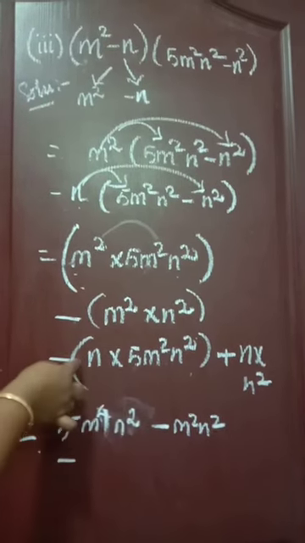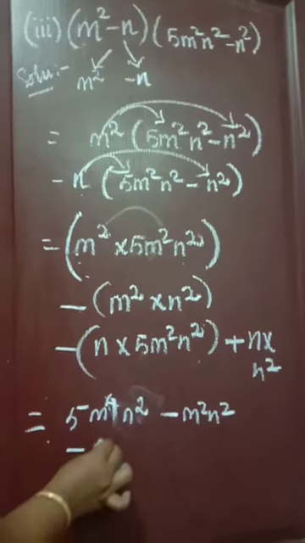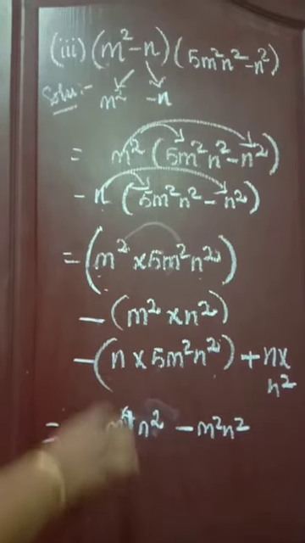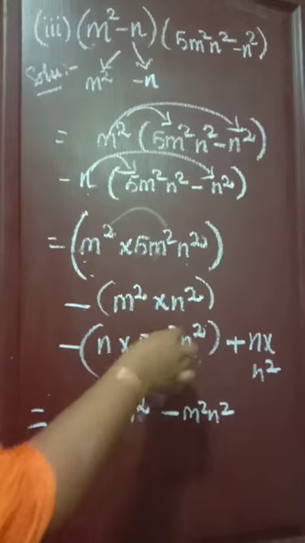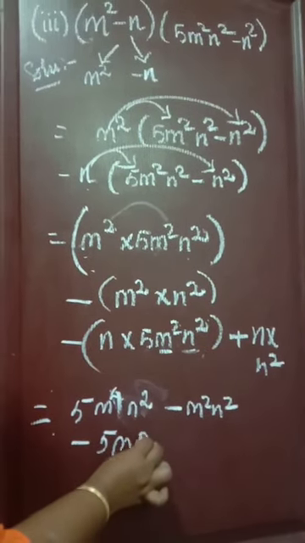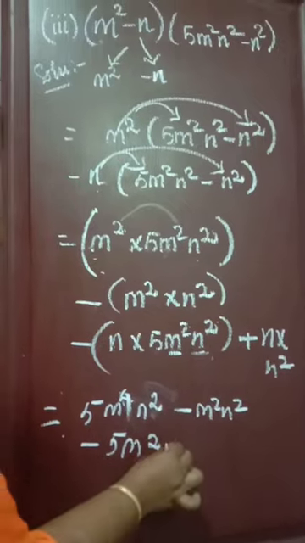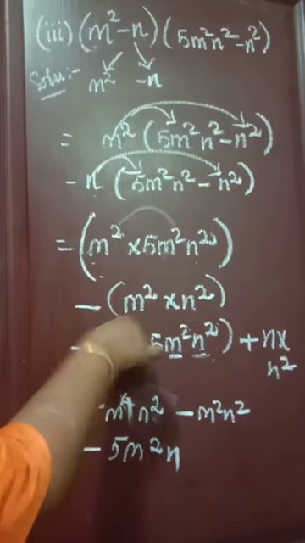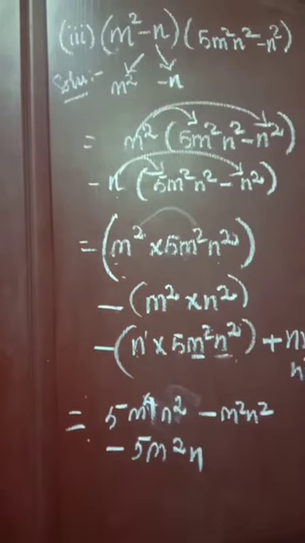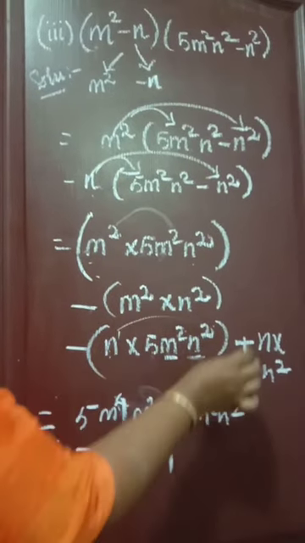Only one number here, 1. So 1 into 5 is 5. What are the two variables? Yes, m and n. So m squared is there, so I write m square. Here n is the other variable. What is the power of n here? 1. Here what is the power of n? 2. So 1 plus 2 is 3.